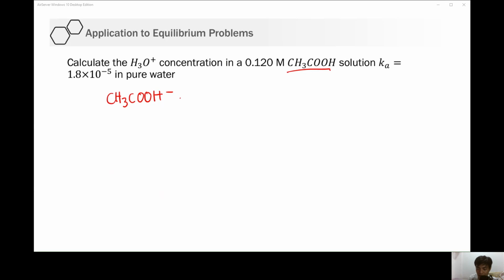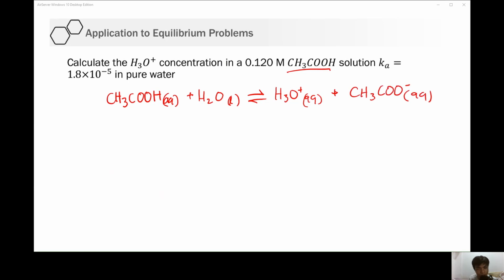Acetic acid is aqueous. It will react with water to form hydronium ion, H3O plus, and it will also form the conjugate base, which is acetate ion. Let's write the K expression for this one. This is Ka because we are pertaining to an acid.